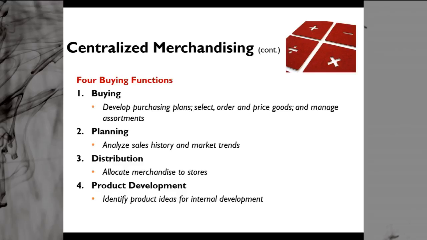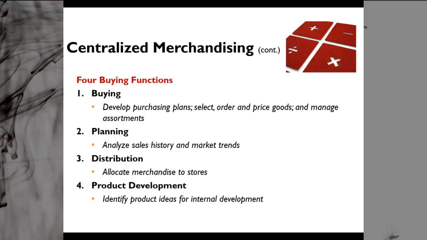And product development is identifying product ideas for internal development. For example, if you go to Walmart or Target, they have many different kinds of products from different vendors. Vendors are the ones who made the product and sell it to the retail store.